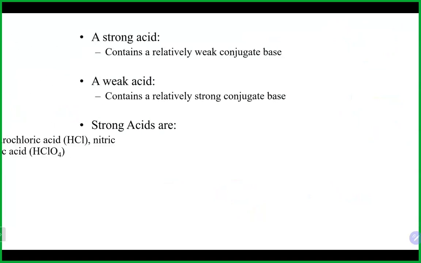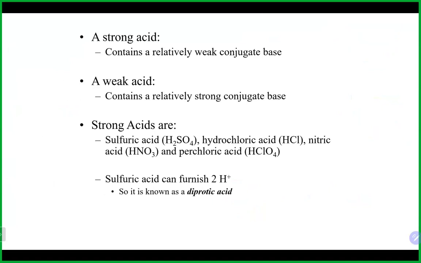Now, there are some relationships which are, dare I say, important when you get to 1B. The relationship is if you have a strong acid, it will contain a relatively weak conjugate base. And if you have a weak acid, it will contain a relatively strong conjugate base.